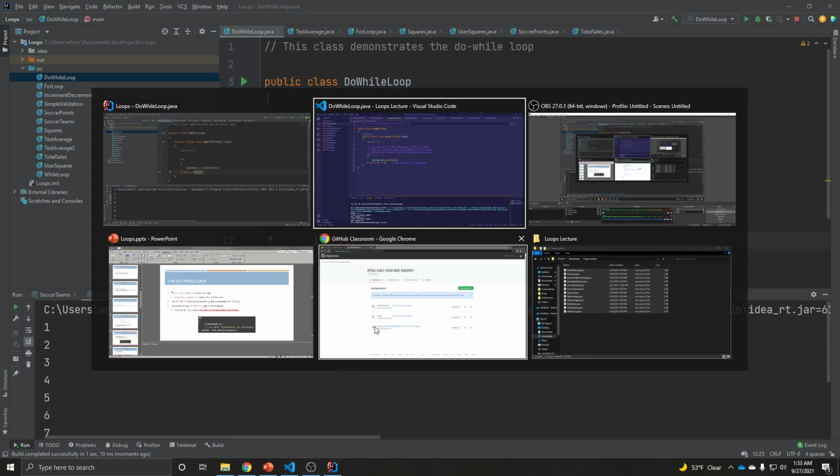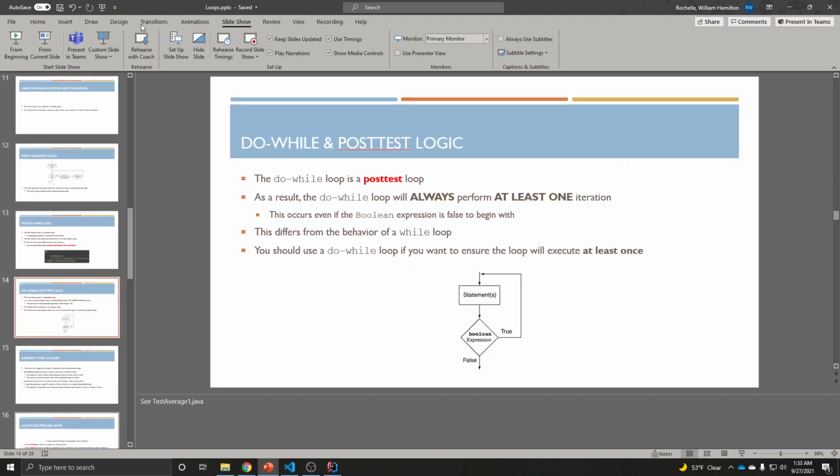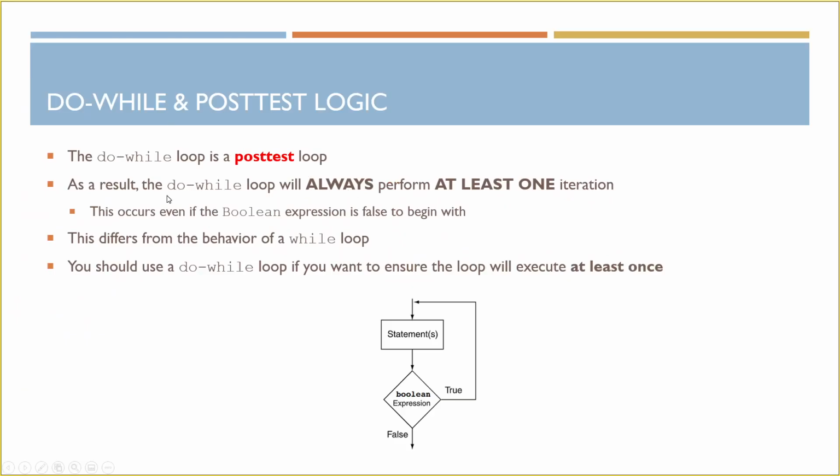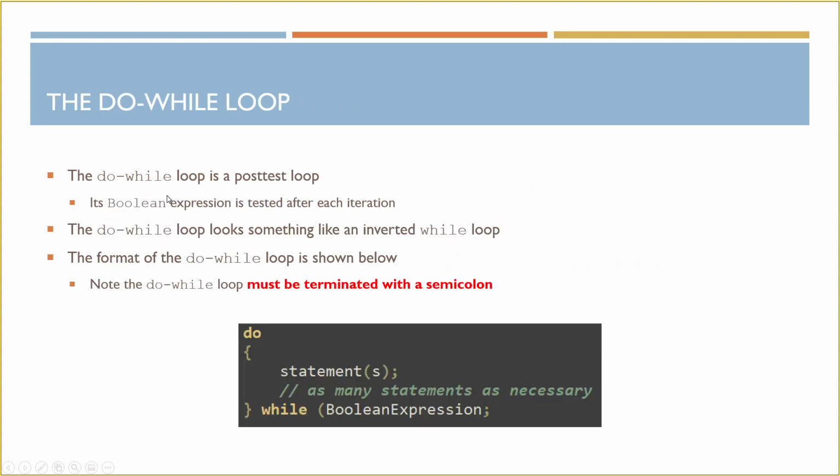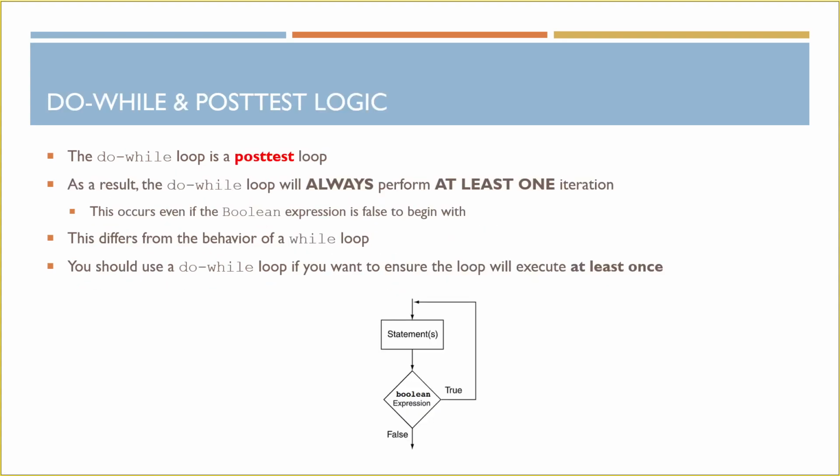And what that kind of means for usage is use a do while loop anytime you want to make sure that it will execute at least 1 time.